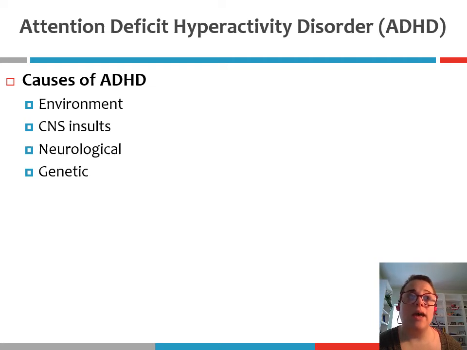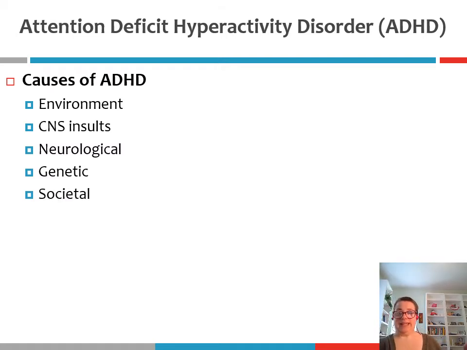So again, 75% of cases of ADHD seem to have some kind of genetic basis, and you're 4 times more likely to develop ADHD if you have a sibling with that disorder.